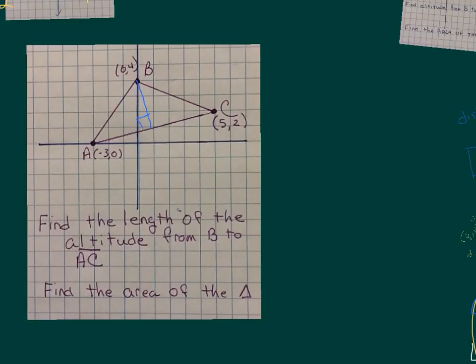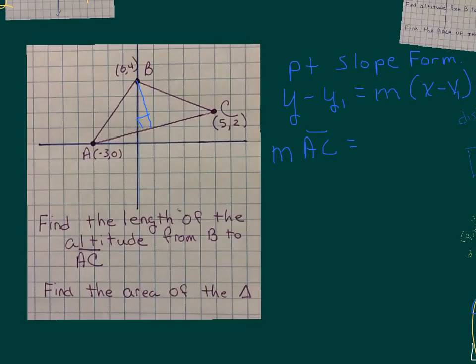So hopefully you remember that in order to find an equation, we can use the point-slope formula, which is y minus y sub 1, one of those y value points, equals the slope times x minus x sub 1. So the first thing we have to do is find the slope of AC. And the slope of AC is change in y over change in x.